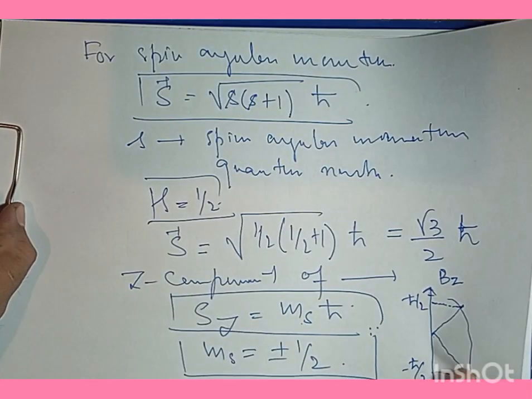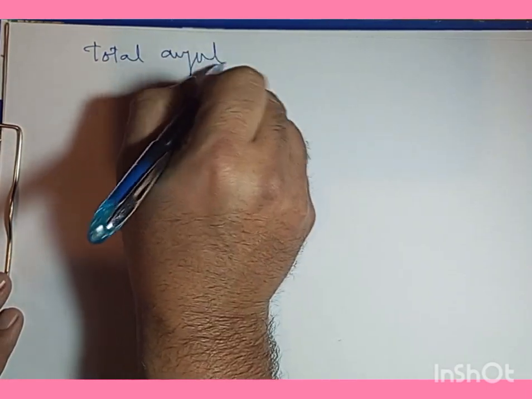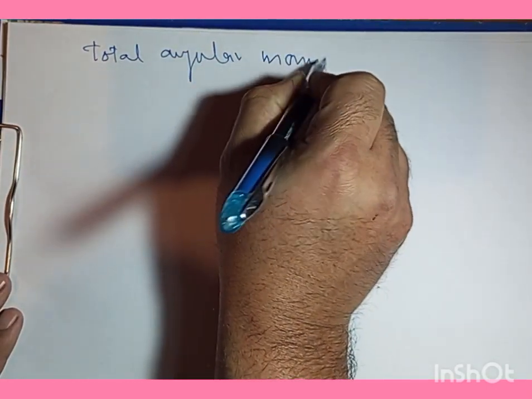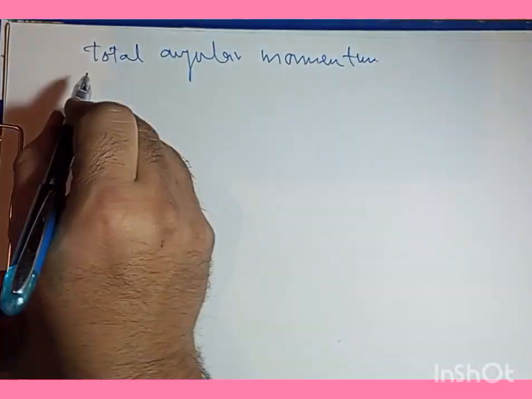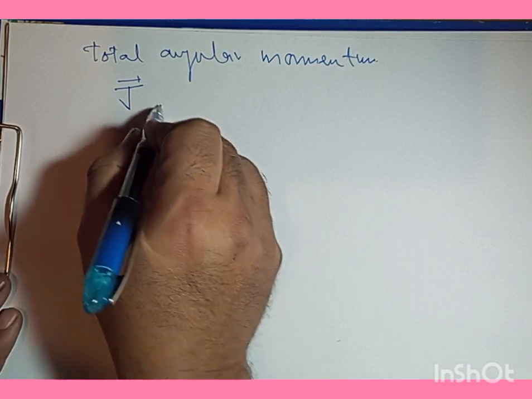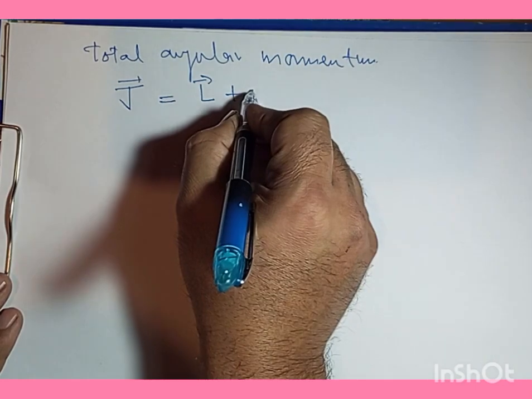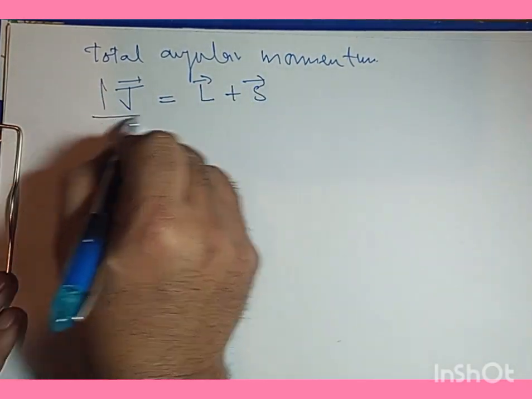After this, we'll be talking about the total angular momentum of this one electron atom. This total angular momentum is symbolized as J, and it is the vector sum of orbital angular momentum and spin angular momentum.